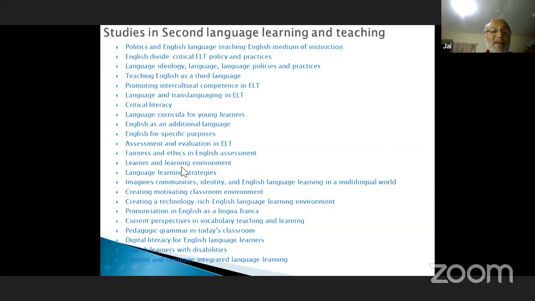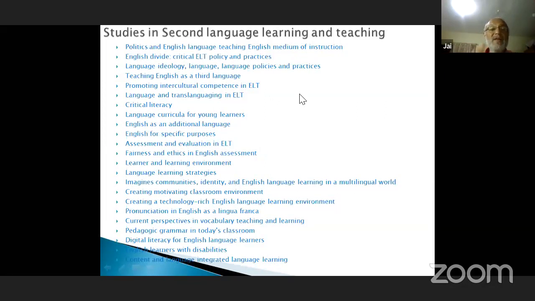So he shows the anomalies that are seen in language testing ethics at Tribhuvan University. Then learner and learning environment, language learning strategies, imagined communities, perhaps identity and English language learning in a multilingual world, creating a motivating classroom environment, creating a technology-rich English language learning environment, pronunciation in English as a lingua franca, current perspectives in vocabulary teaching and learning, pedagogic grammar in today's classroom, digital literacy for English language learners, English learners with disabilities, content and language integrated teaching and learning.